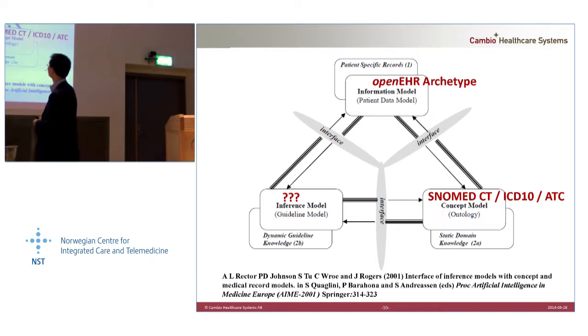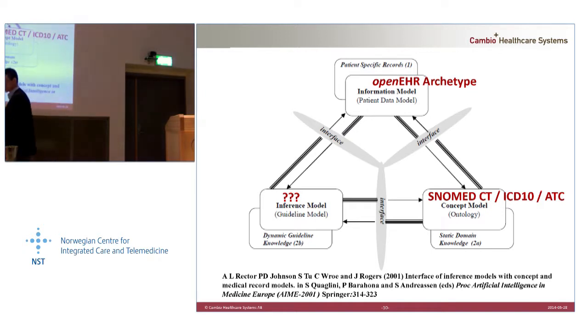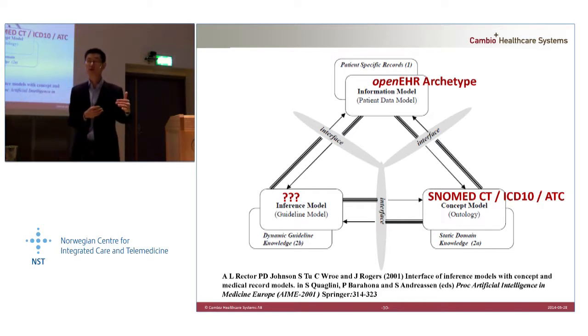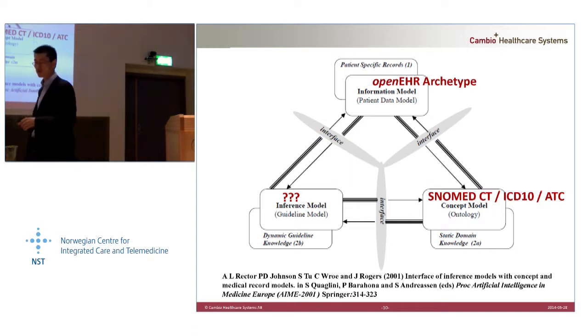In the concept area, it's basically the reference terminology; we just pick whatever is available on the ground. And we still have some question marks around the inference model: how to codify and computerize the fast-evolving foreground knowledge from practice guidelines. That's where we got started. This is our theoretical foundation. Any questions?